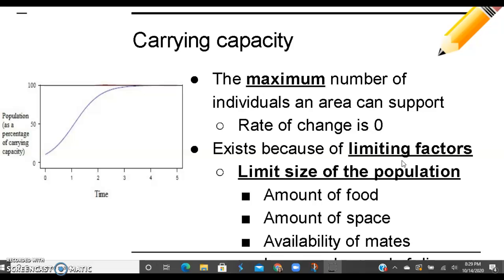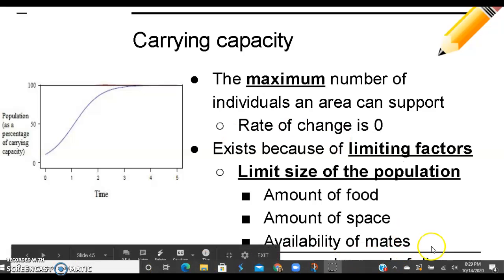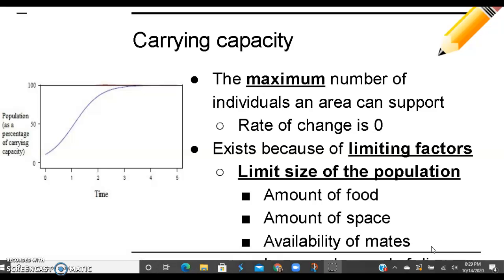The amount of food is a limiting factor because, if you can't feed everybody in the population, some are going to starve. Amount of space, availability of mates, and also, I'm sorry, it's cut off down here, but the spread of disease is another one. As populations become bigger and more dense, it's much easier for germs to spread.